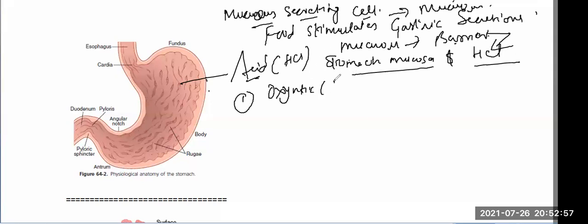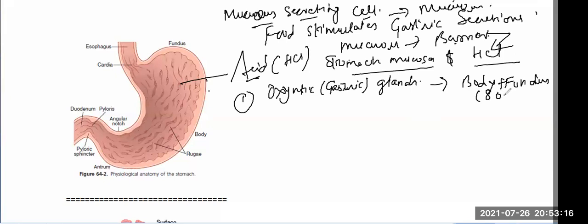We also call these glands gastric glands. And these glands are in the body and the fundus, and these constitute 80% of your stomach.